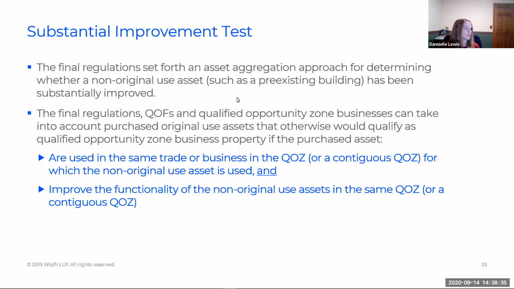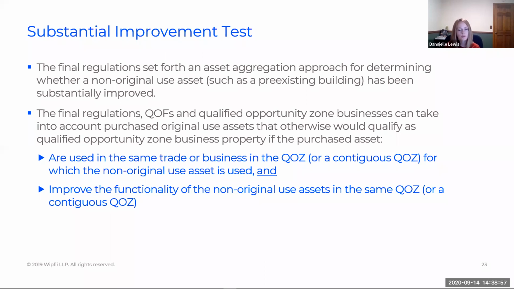So getting into substantial improvement tests, the IRS has a different perspective, I think, than a lot of people had when the regulations were coming out. Essentially they've taken an asset-by-asset approach, which becomes very hard for qualified opportunity zone businesses that are true operating businesses.